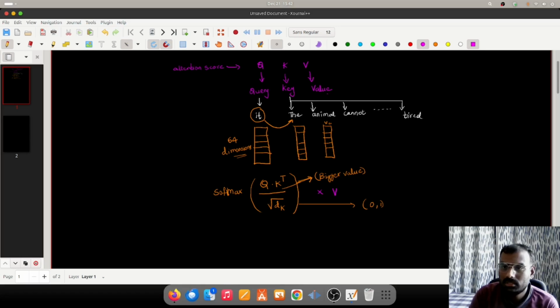This value is nothing but the numerical vector that has the meaning or essence of the word.